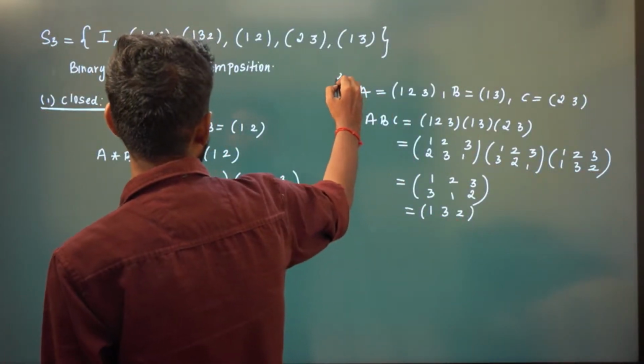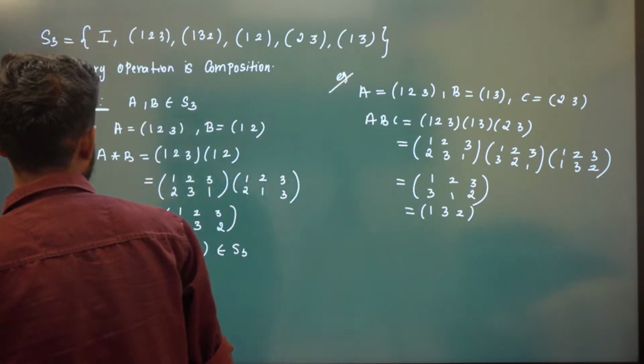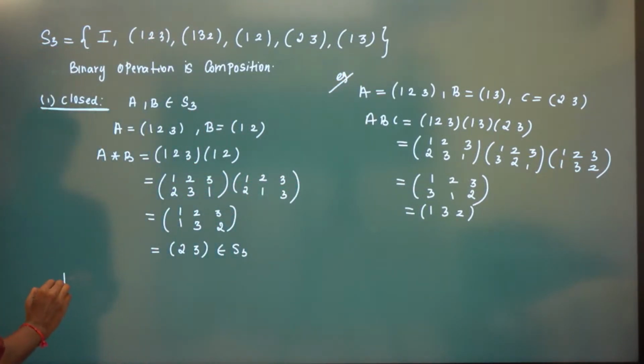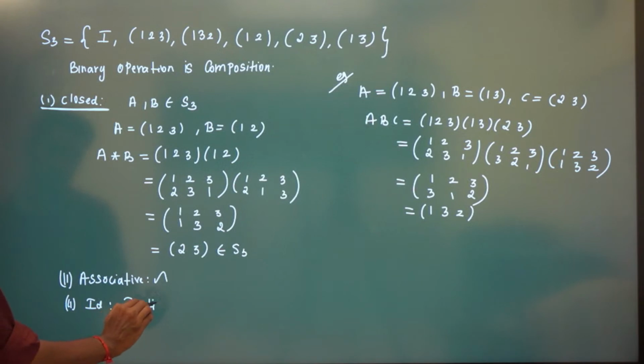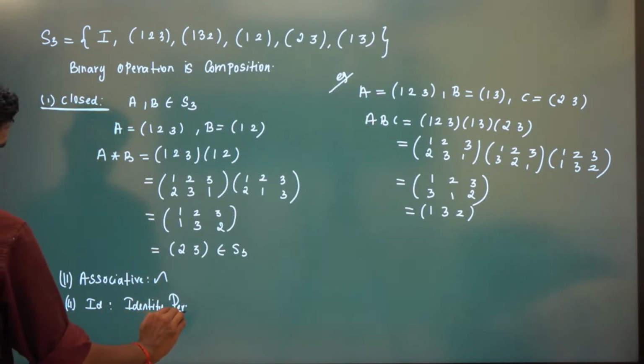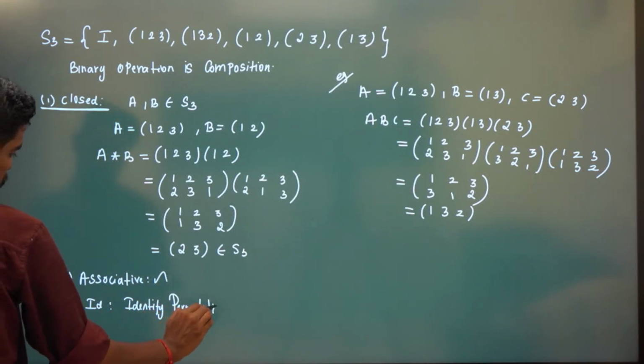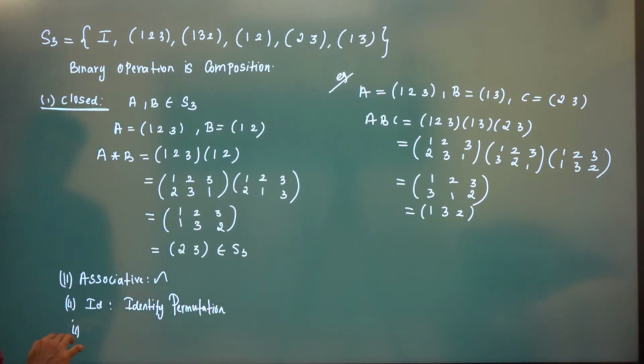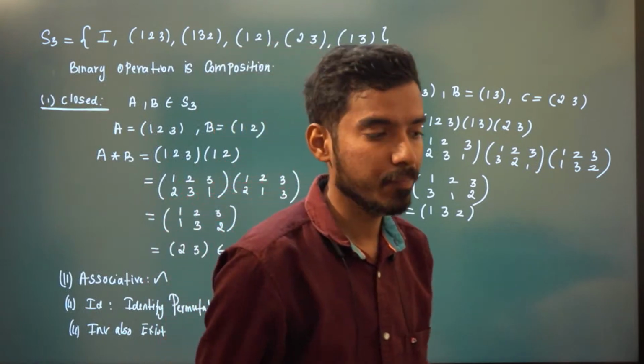So it is closed, it is associative also. And the identity element is nothing but the identity permutation. Inverse also exists for each element. How to find the inverse, I will let you know when we do permutation groups separately.